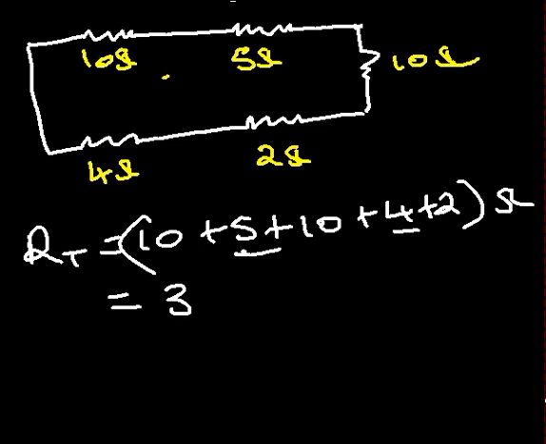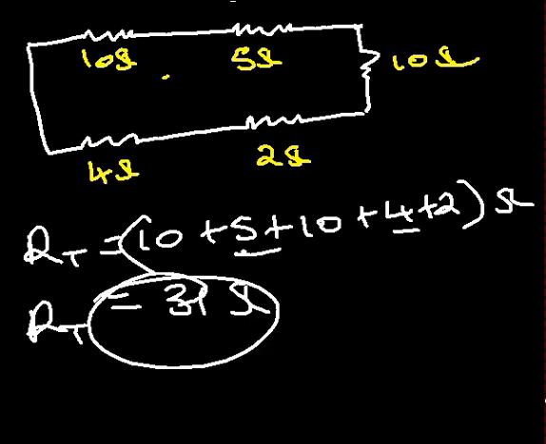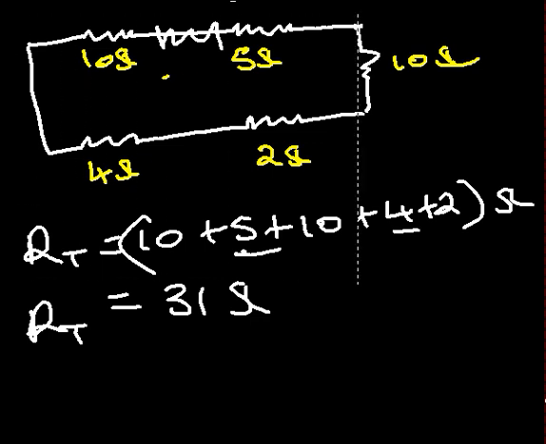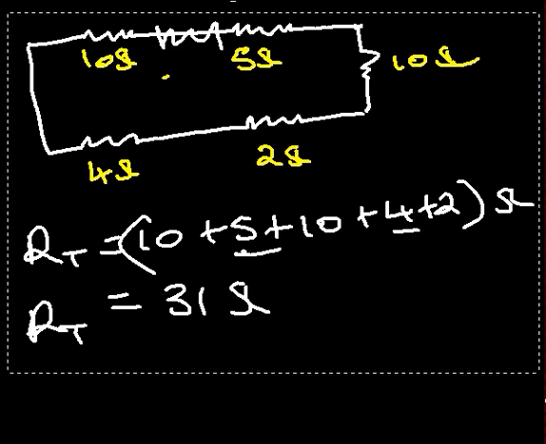So we have 31 ohms. That is the R total for that case. If we add another resistor in the same series circuit, we will experience an increase in the overall resistance.